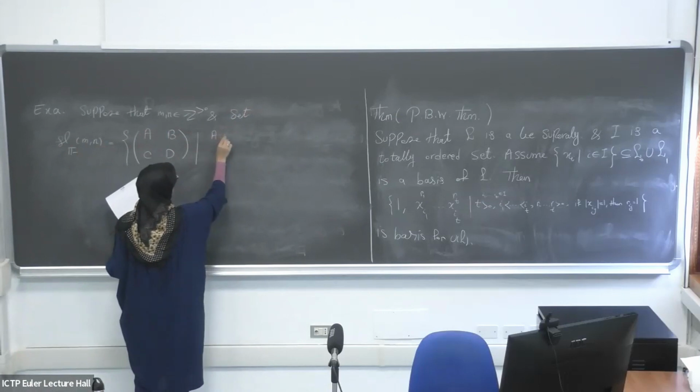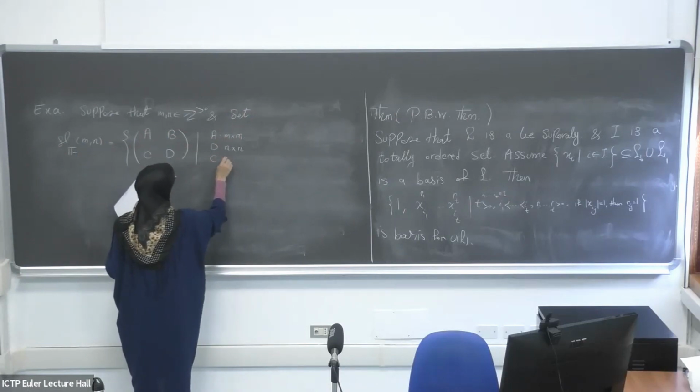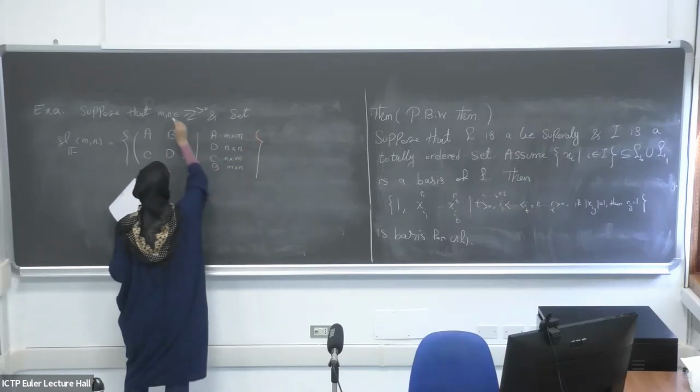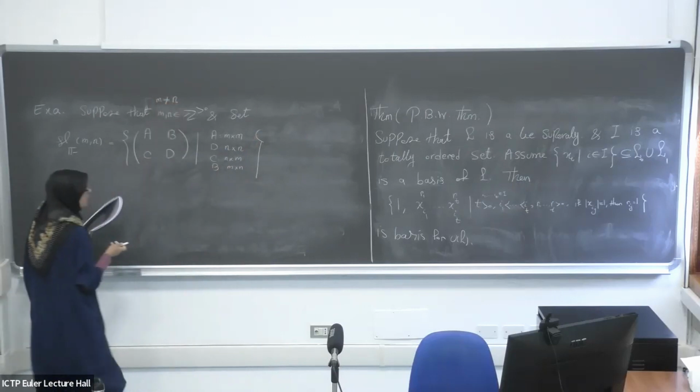A is m times n, B is n times n, and C is n times m. And I want to assume that m is not n.